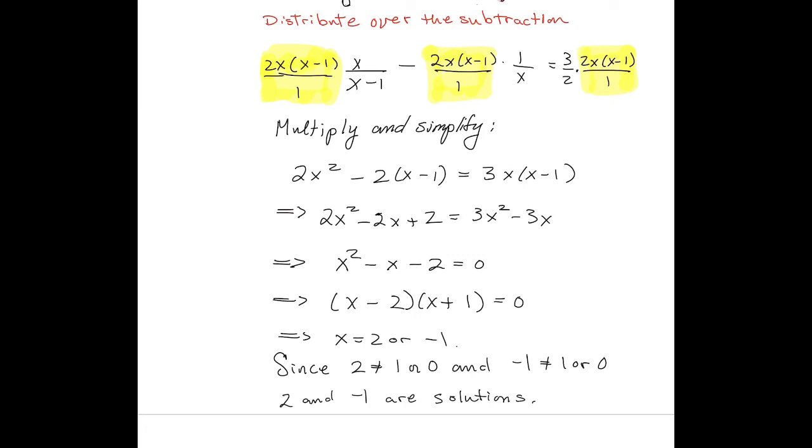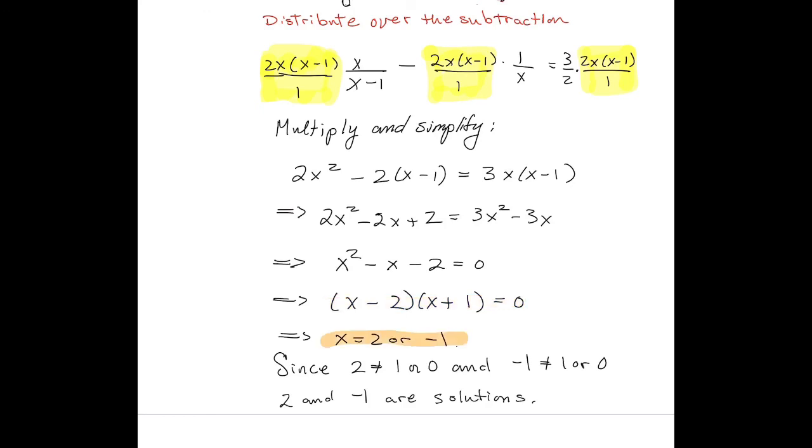We distribute, and notice that this is a quadratic equation. We will collect the terms on the right-hand side. We get this. Now we proceed as we did in the last method, on the previous page, and we find out that x is equal to 2 or negative 1.